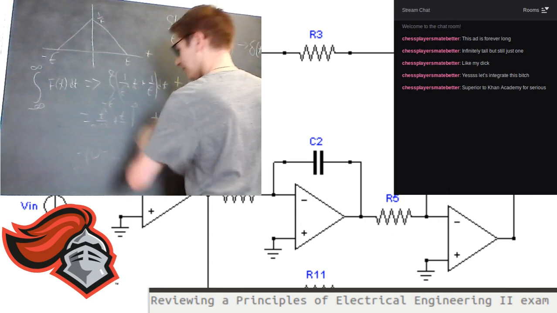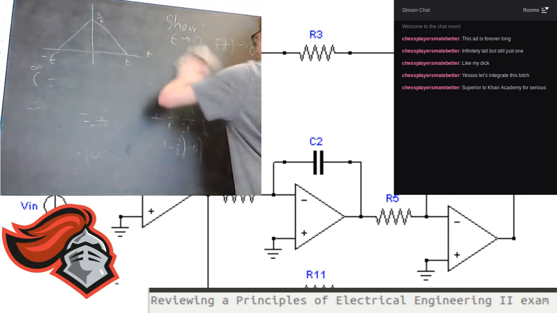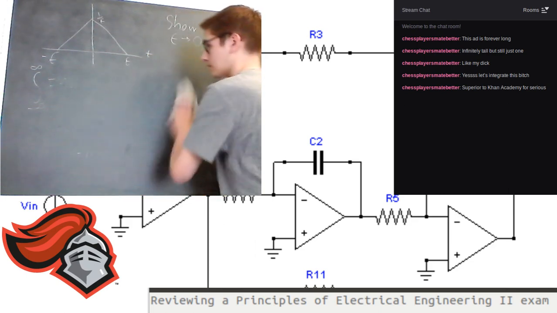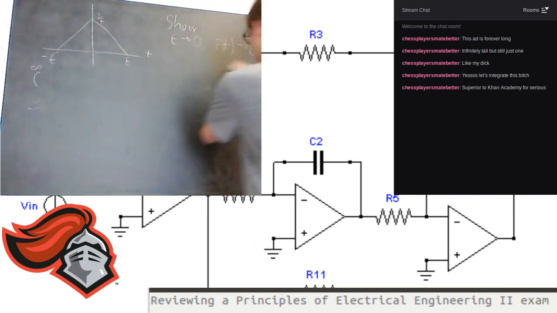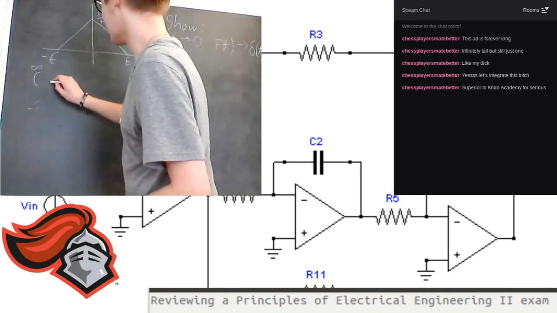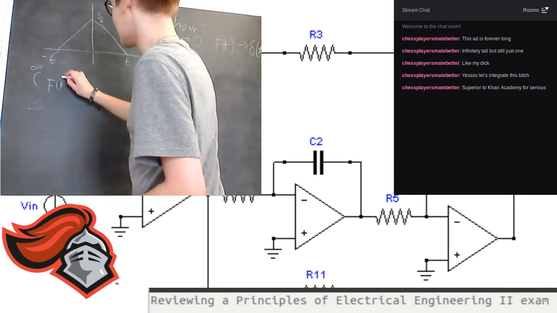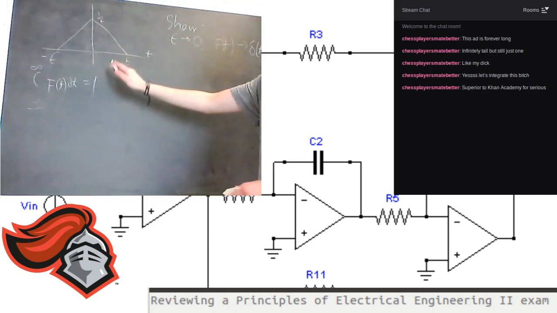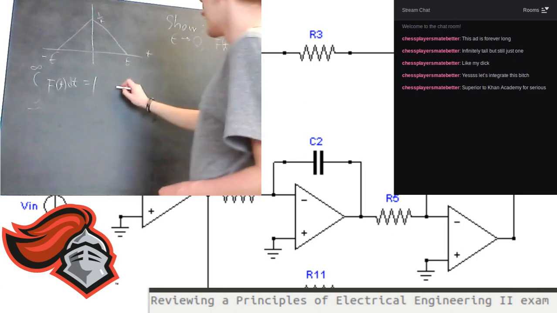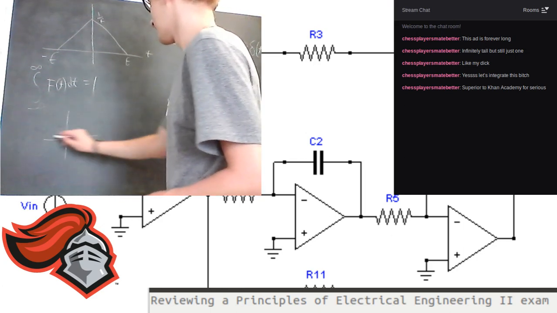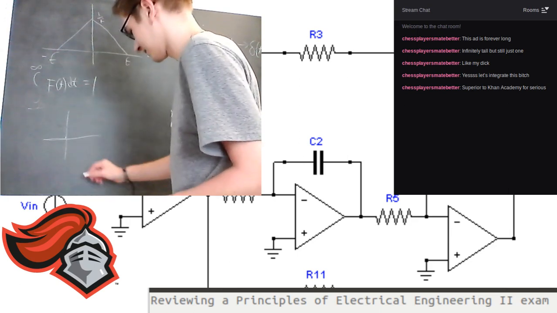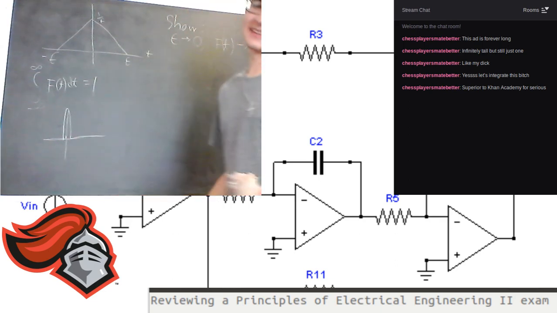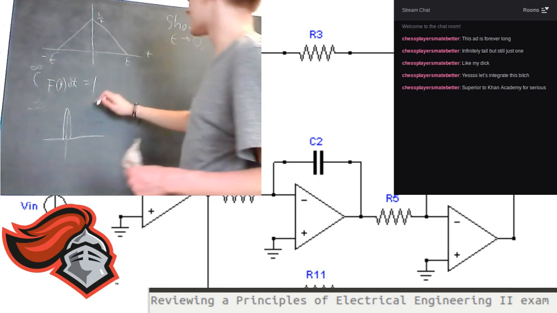And the implication here is that the integral from -infinity to infinity of f of t dt equals 1. However, if epsilon is approaching 0, then that means we have basically nothing, and then this giant spike, and then this is basically the delta function. So this is essentially what we've shown.